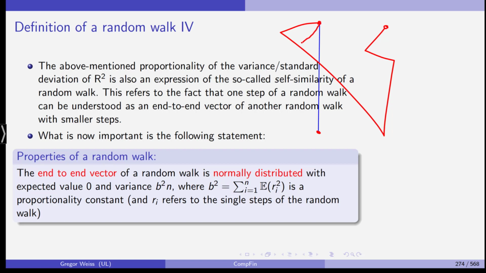So it could look like this. So this is again a different random walk. Then every step of one random walk is again the end-to-end vector of a smaller random walk.